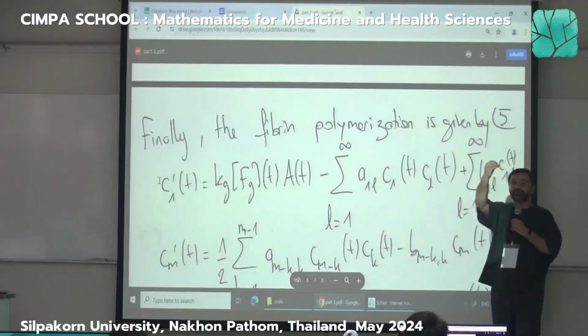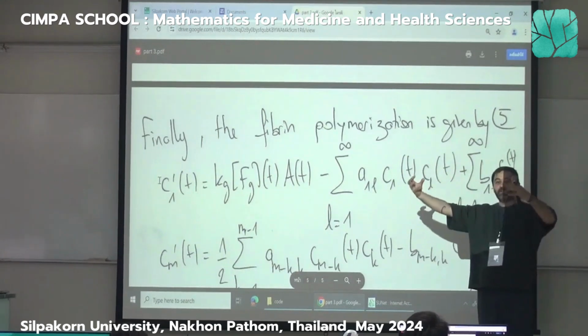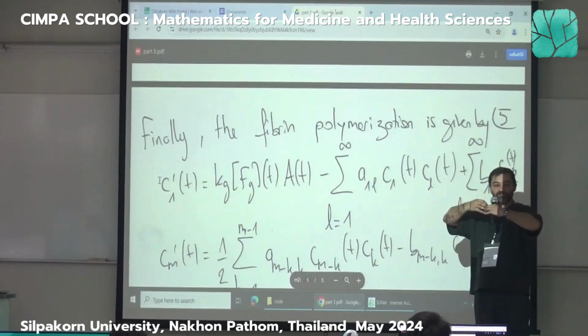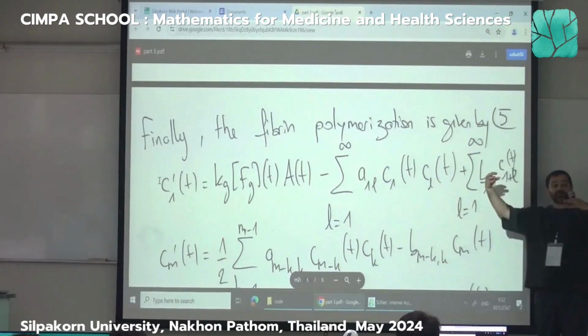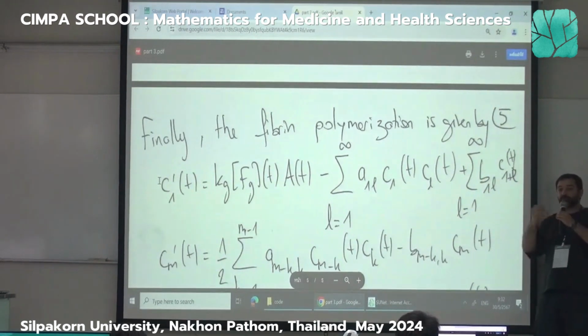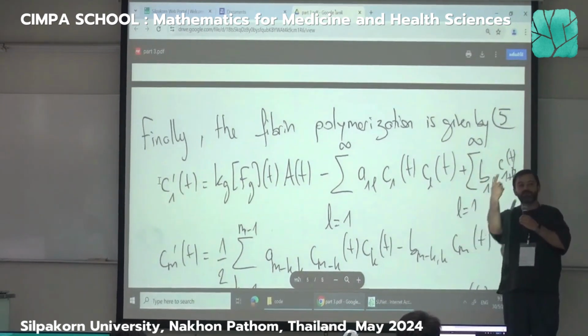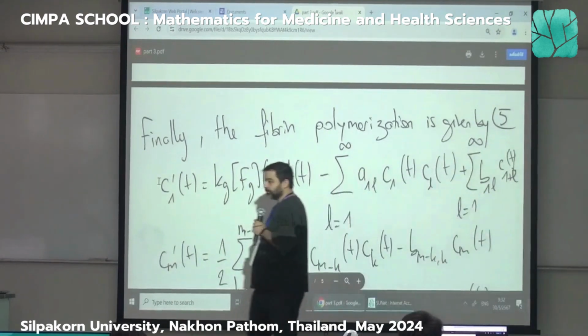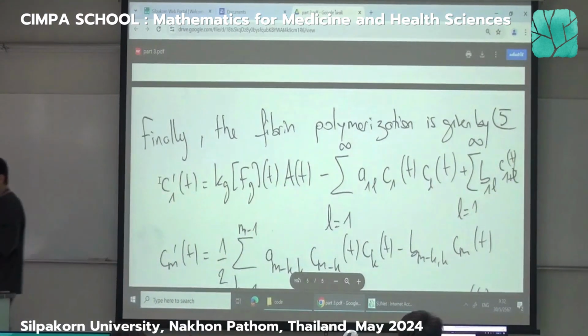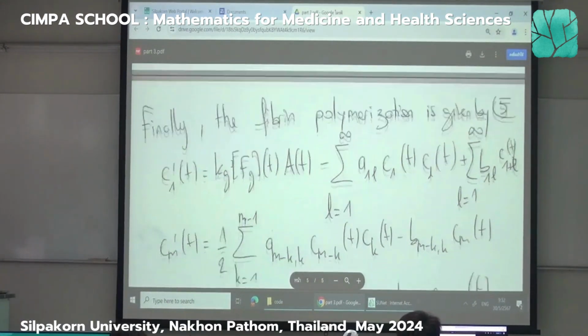So particles of size 1 can coagulate with bigger particles, but bigger particles can also fragment to give again a particle of size 1.